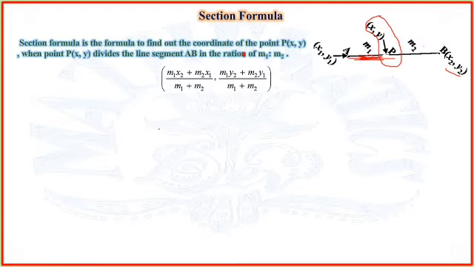So the formula is given by this relationship: m1 x2, this first ratio, and then second coordinate.